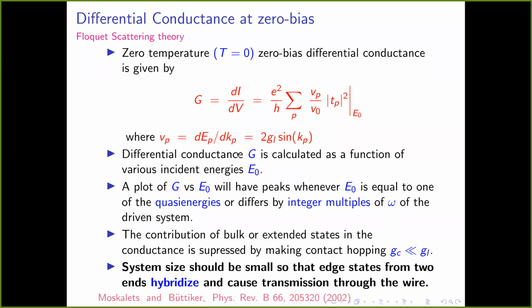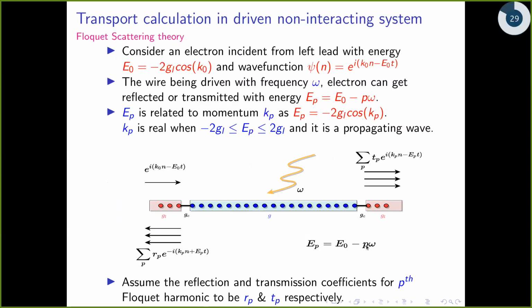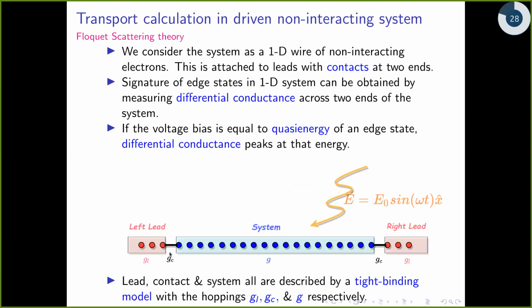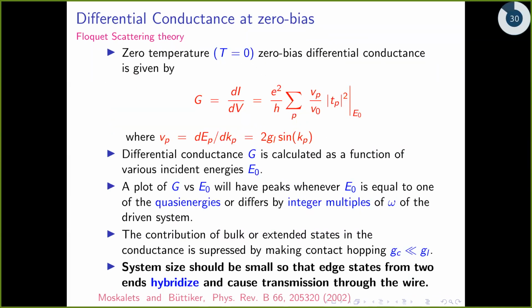And remember that the system also has extended or bulk states, which might also participate in conduction, but that can be suppressed if we make the contact hopping GC much less than GL. So this GC is the contact hopping. If I make it much lesser than GL, then the bulk state contributions are suppressed.